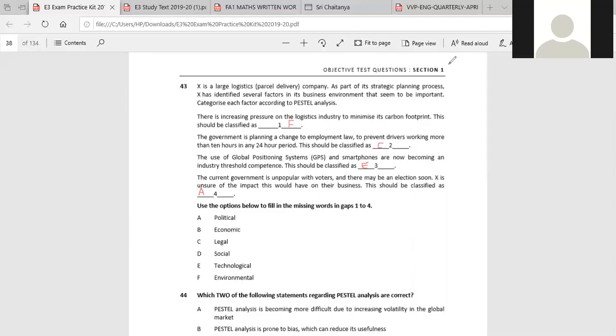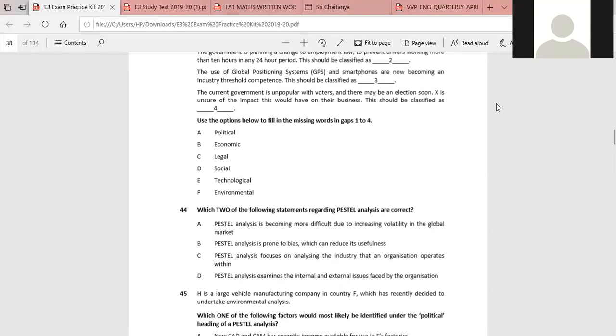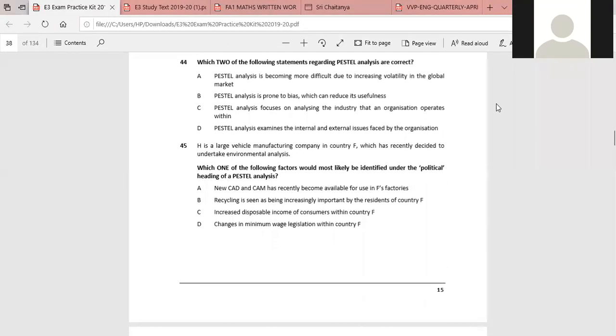Okay, let's move to the next one, 44th question. Which two of the following statements regarding PESTLE analysis are correct?